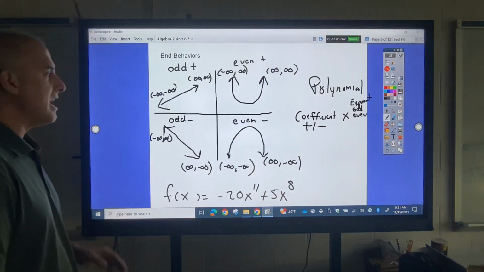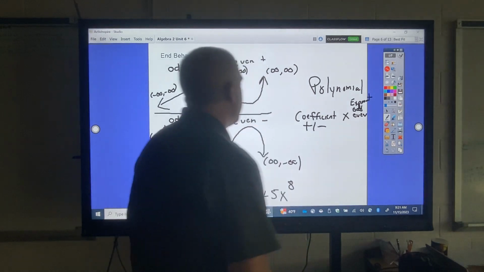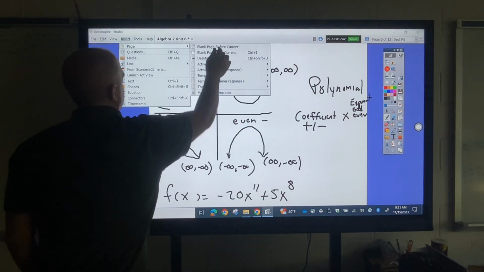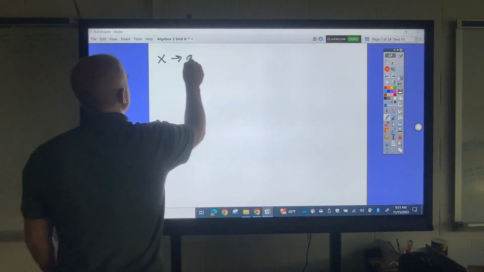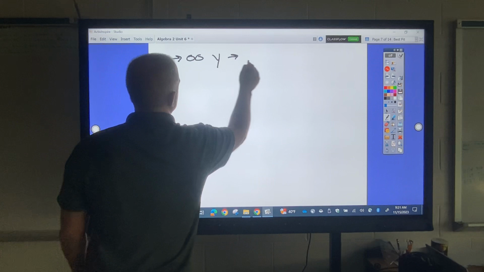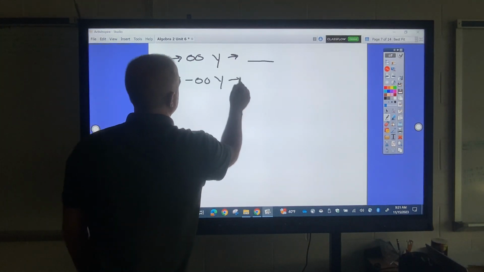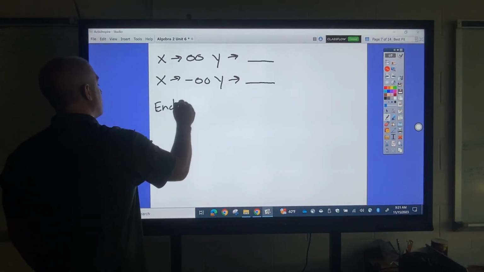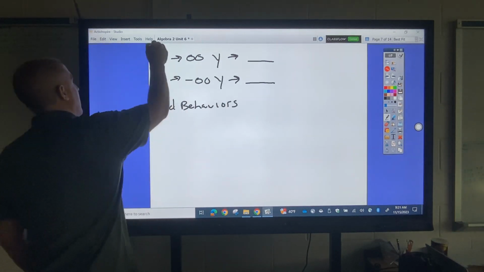And what end behaviors are, there's a number of ways to write them. You will see them as x approaches infinity, y approaches blank, x approaches negative infinity, y approaches blank. They'll just ask, what are the end behaviors? That's one way to ask it.